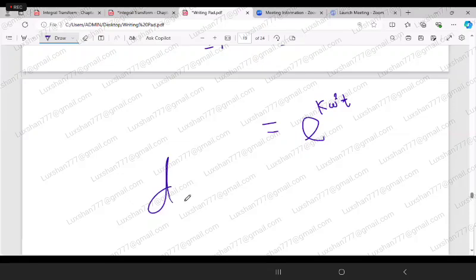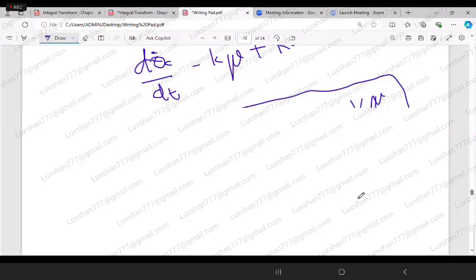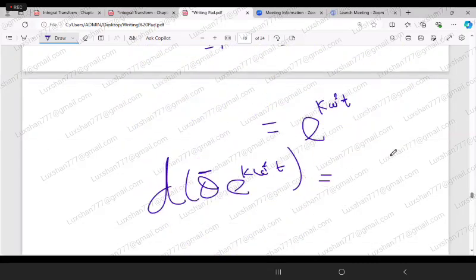Therefore, I can write it as d(θ̄ e^(kω²t)) equal to kμ e^(kω²t) dt.